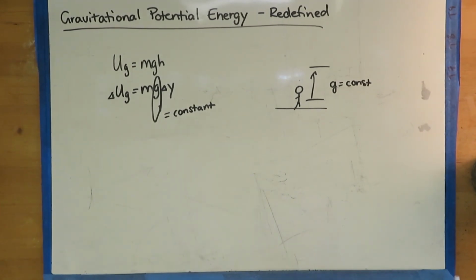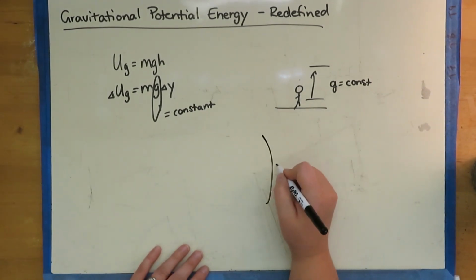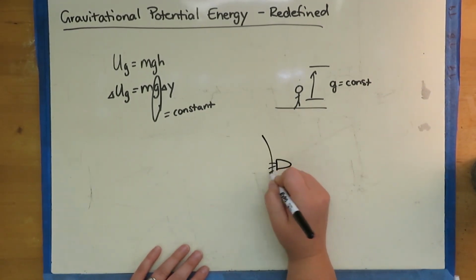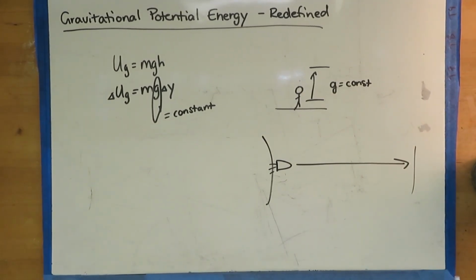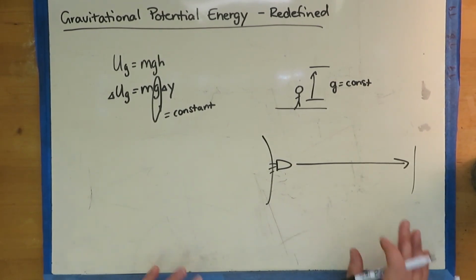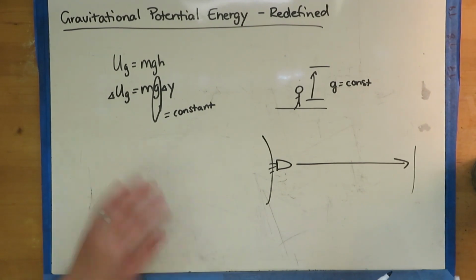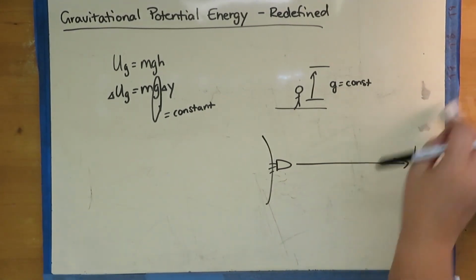But the problem is if I'm talking about shooting a rocket into space, and I'm trying to get to Mars, or I'm sending a satellite out to explore the outer reaches of the solar system like the Voyager spacecraft did, my acceleration due to gravity is not constant while this is going on. So this definition doesn't work.